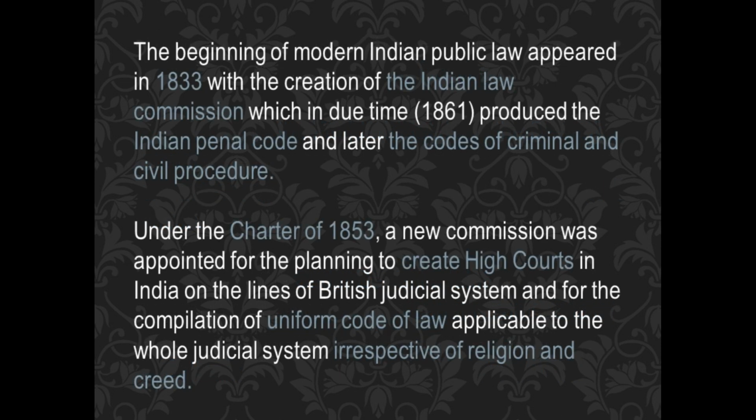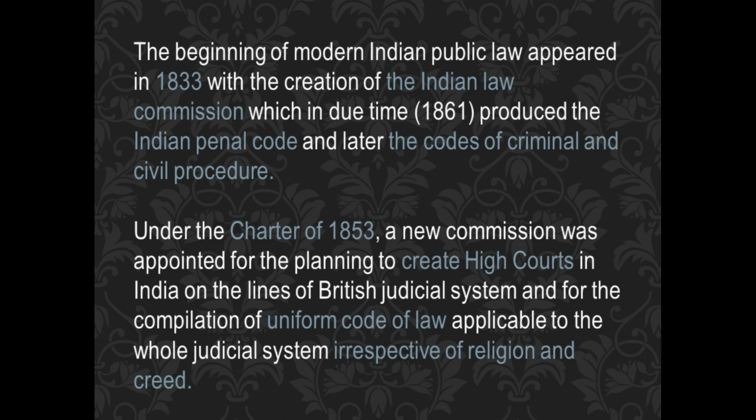The beginning of modern Indian public law appeared in 1833 with the creation of the Indian Law Commission, which in due time produced the Indian Penal Code and later the codes of criminal and civil procedure.